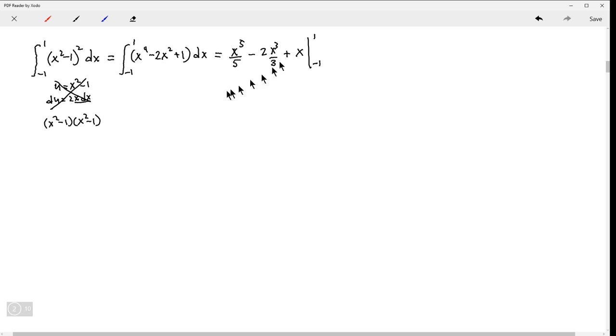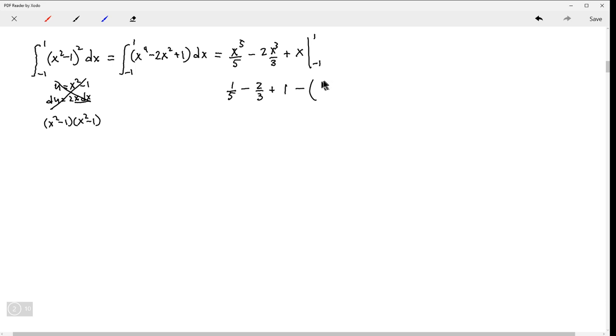There's not really a whole lot for me to do here except to make that 2/3, which I'll do in a minute. So plug in the top number. I'm going to get 1 to the 5th, so it's 1 over 5, minus 1 to the third, so that's going to be 2/3, plus 1, minus, and I'm going to put a parenthesis around what I'm subtracting, negative 1 to the fifth.